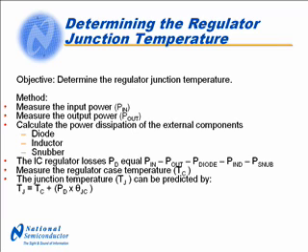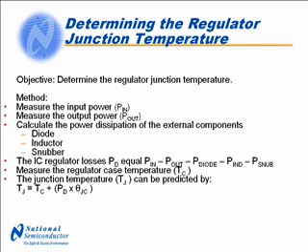The objective now is going to be to predict the regulator junction temperature. First thing that we're going to do is measure the input power. It's pretty easy to do. We're going to measure the output power. Then we're going to calculate, given the equations that we saw in the previous slide, the diode power dissipation, the inductor power dissipation, and the snubber power dissipation.